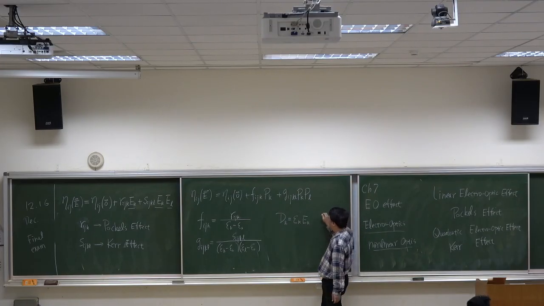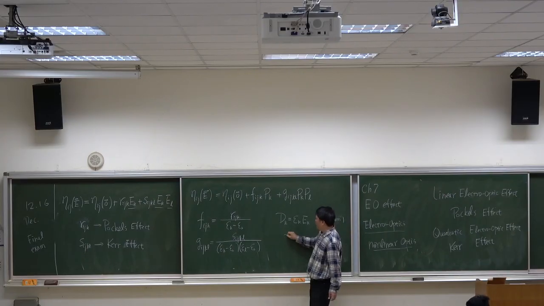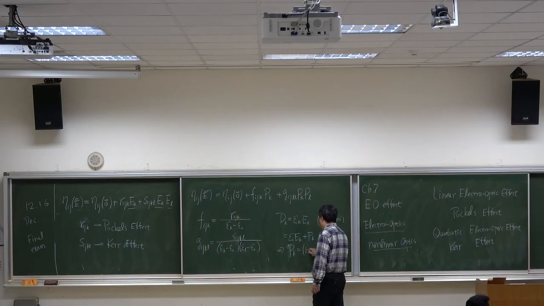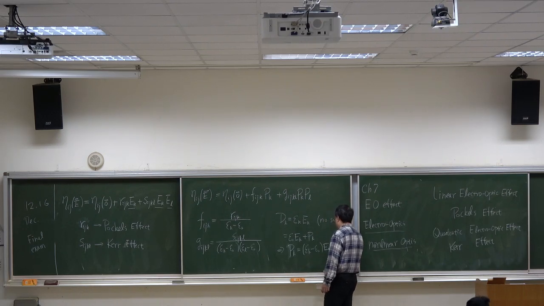这边没有加 E 上。D is equal to epsilon 0 times Ek plus Pk. So this means that Pk is epsilon k minus epsilon 0 times Ek.